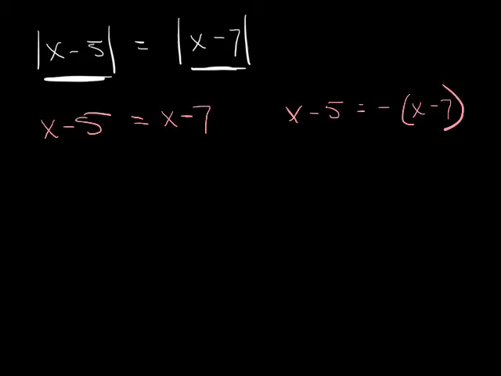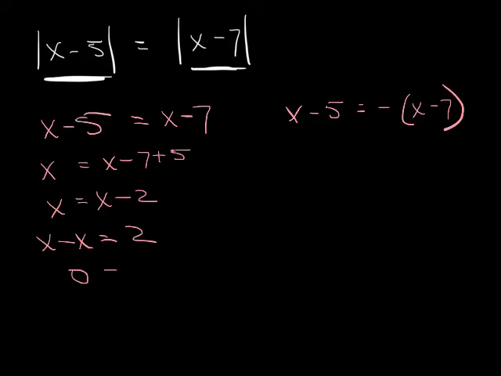We can get rid of that one and get rid of that one and say negative 5 is equal to negative 7. If I didn't cancel those and I wanted to do the math, I'd go x equals x minus 7 plus 5 and get x equals x minus 2. Subtract x from both sides. So 0 equals negative 2. See, it doesn't work when you do the algebra.